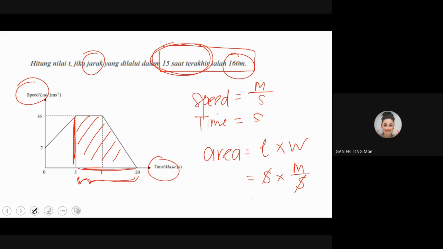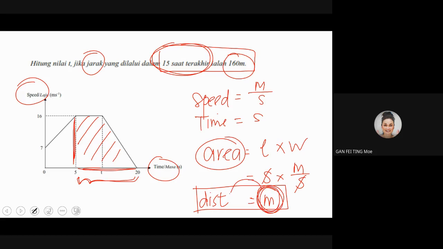Cancel it off, so it will be meters. This area means the distance traveled, because the unit given refers to distance. If you are very confused, memorize that for a speed-time graph, the area will give you the distance.